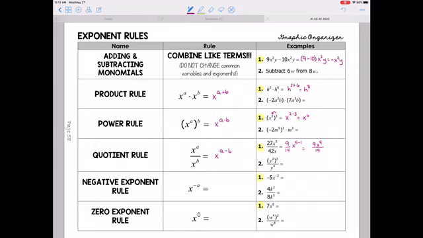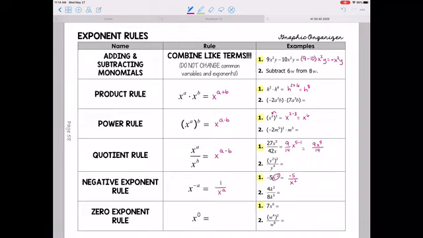Negative exponents are the reciprocal. And notice that it only goes to the term it's connected to. So the negative 5 is going to stay in place, and then x to the positive second power is how we would move that, take care of that negative exponent.